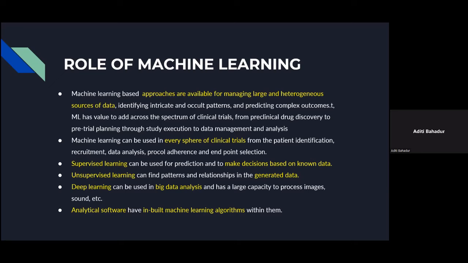And deep learning can be used in big data analysis, and has a large capacity to process different types of data. Now, deep learning can even process images, sounds, and other data. It's not just written data, it's not just text or numbers, because sometimes in a clinical trial, we can look at different kinds of outcomes which could be in an image format.